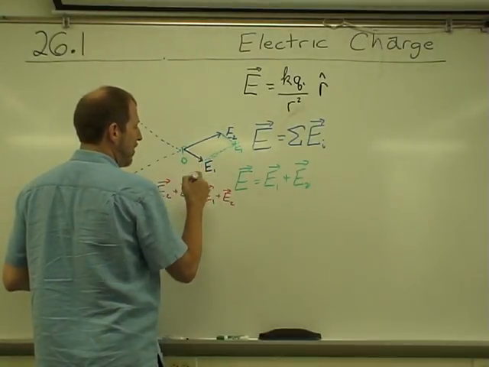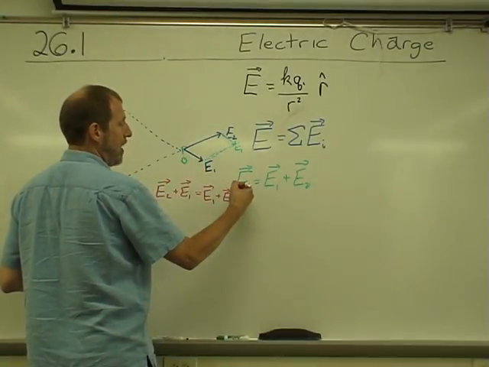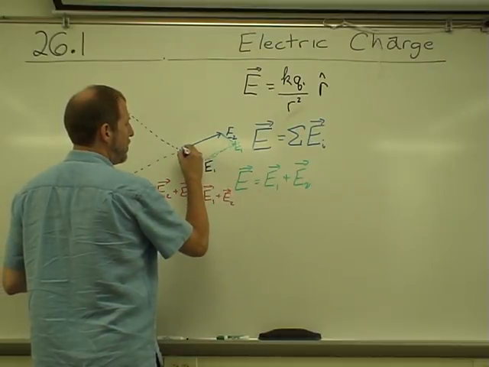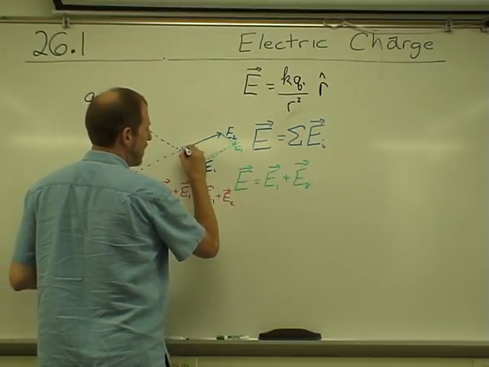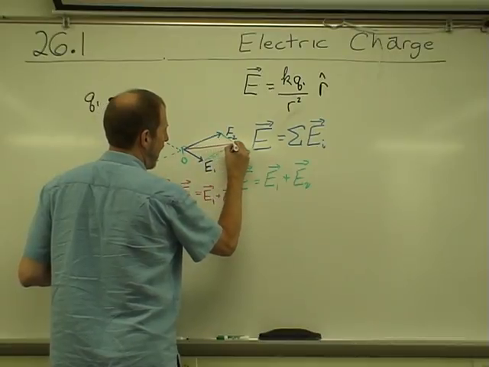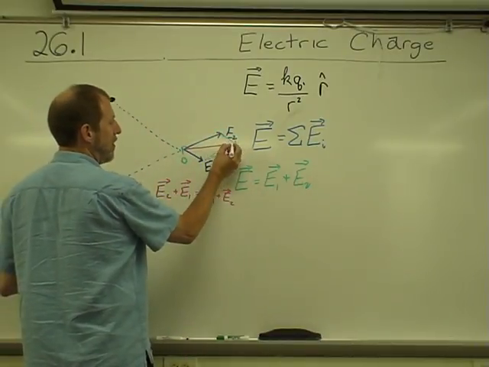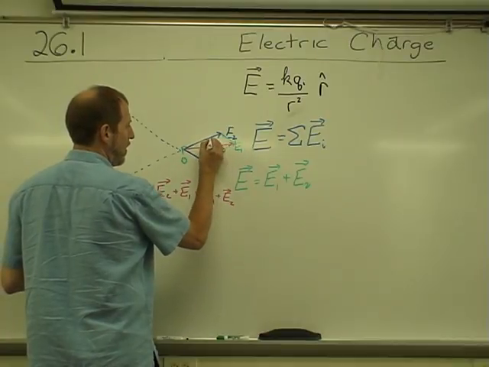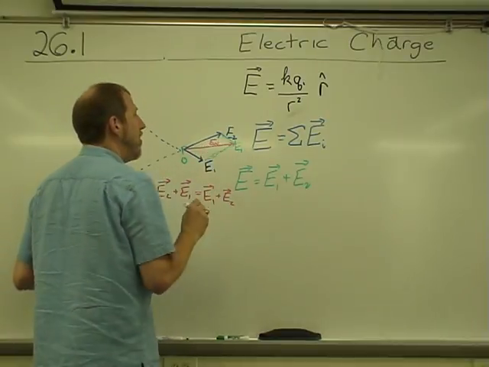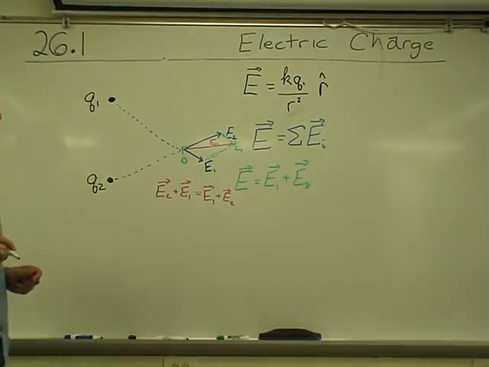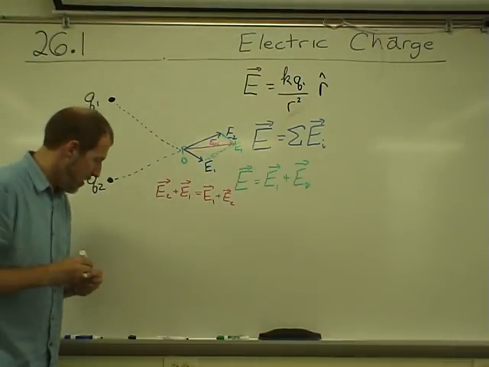I simply start that vector sum, in this case the net vector E, at the beginning of one vector, and as long as I've got the vectors lined up beginning to end, then the net electric field is equal to the sum of those two.